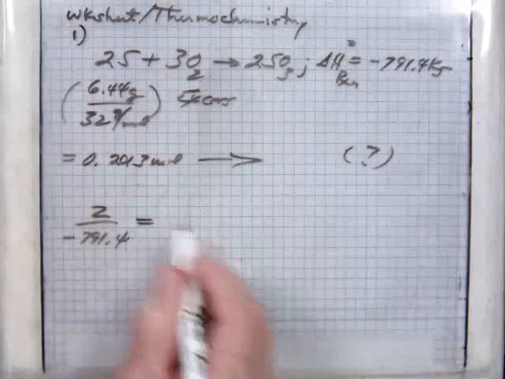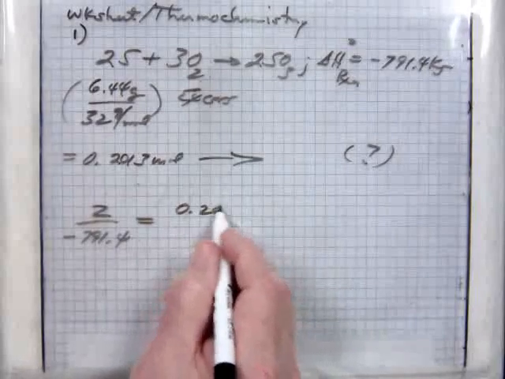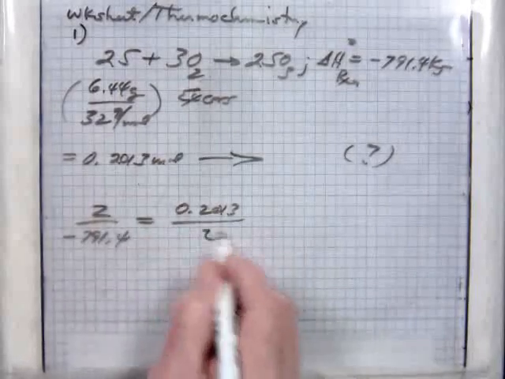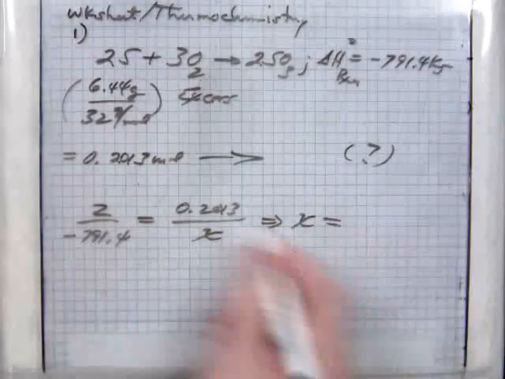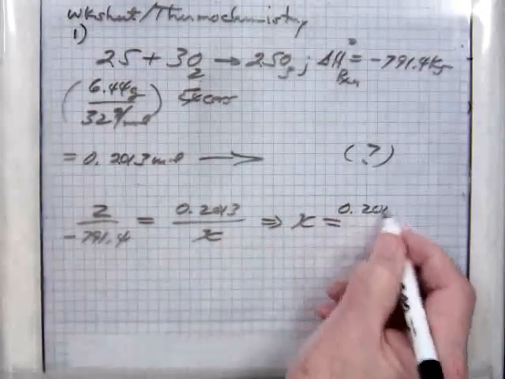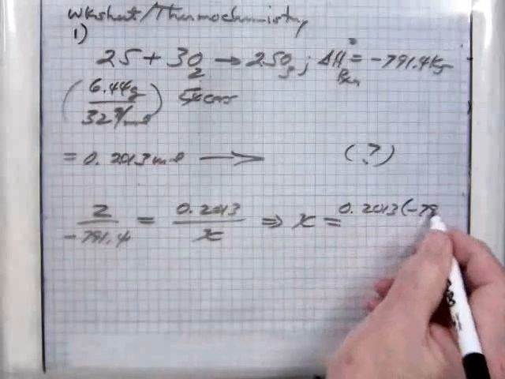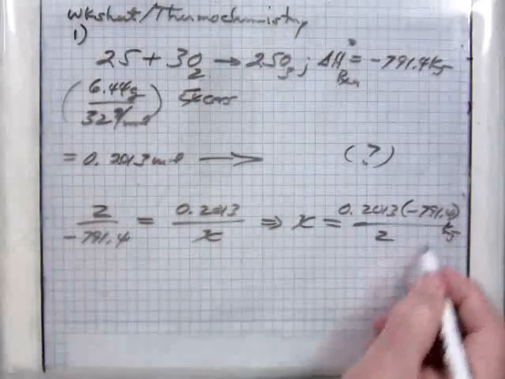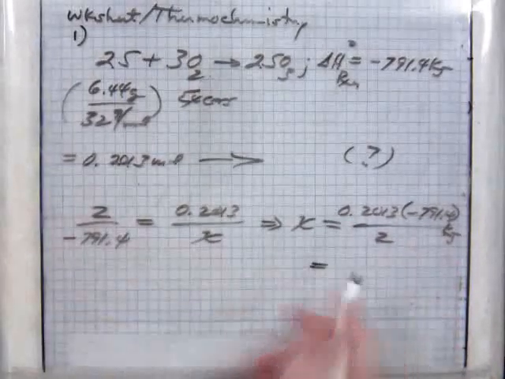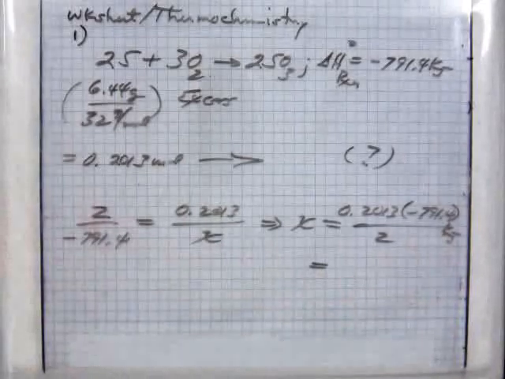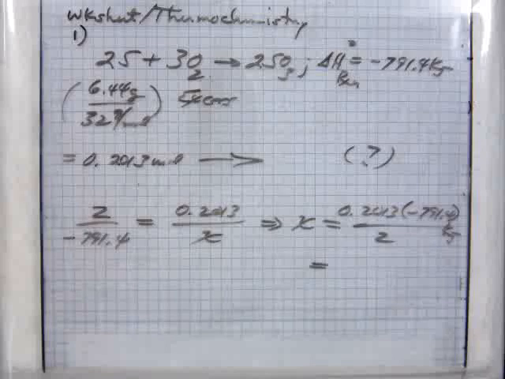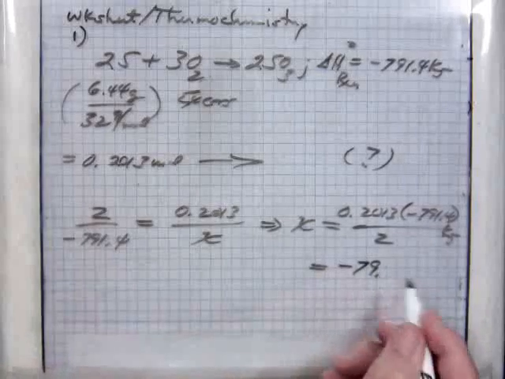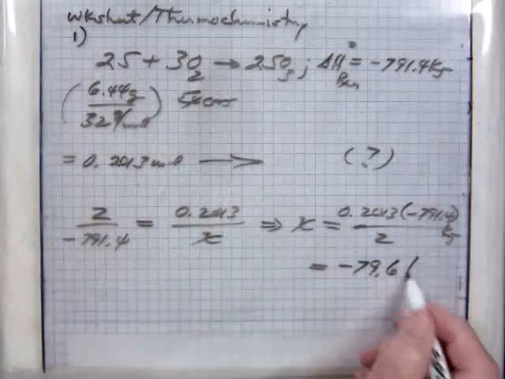So that is 2 to minus 791.4 is equal to 0.2013 to x. And solving for x, we have 0.2013 times minus 791.4 over 2, and it comes out in kilojoules. I get minus 79.6 kilojoules.